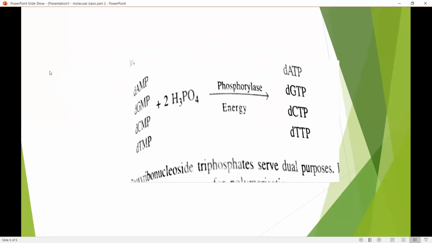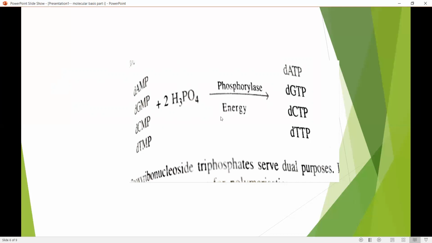And these nucleosides are converted into inactive forms in the nucleus. Those are deoxyadenosine monophosphate, deoxyguanosine monophosphate, deoxycytidine monophosphate, and deoxythymidine monophosphate. So nucleosides are of 4 types in DNA, and when they react with phosphoric acid, they are converted into nucleotides, in the presence of the enzyme phosphorylase.